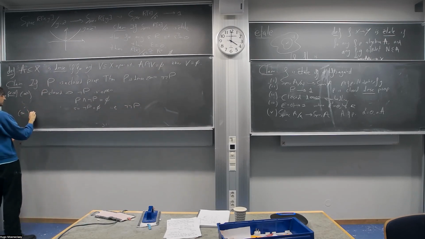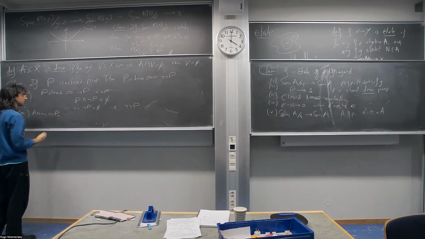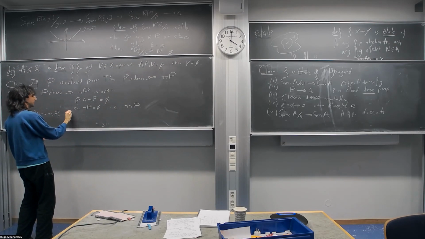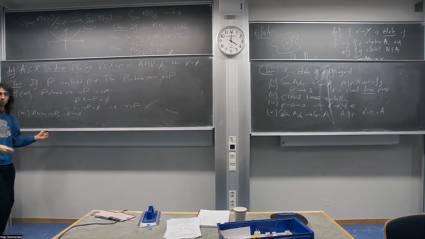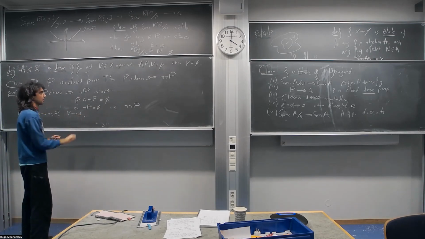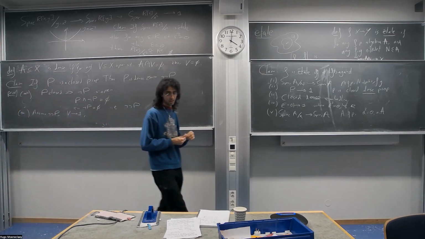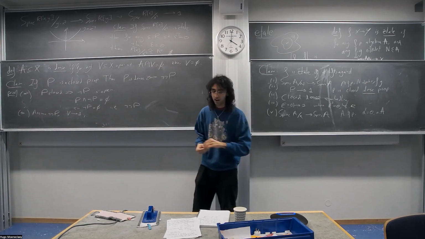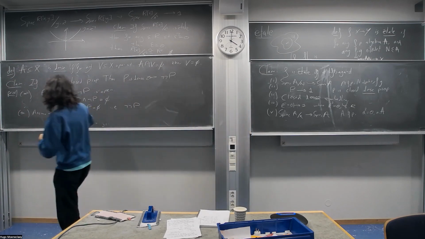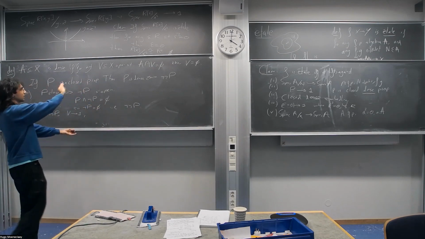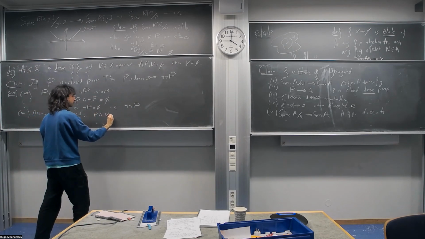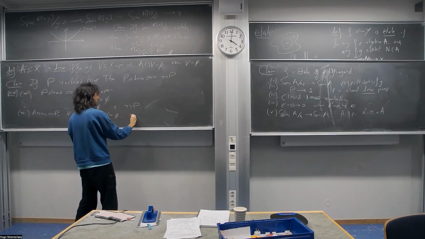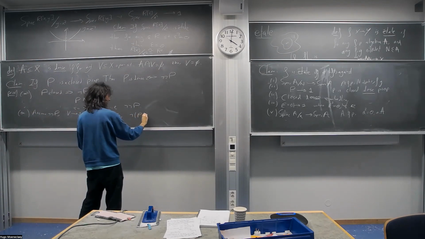And the other direction: let's presume that we have not P, and we want to show that P is dense. So assume not P. Okay, let's pick some open V, some open proposition. So we need to assume that the definition holds, so that P and V is empty, which is the same thing as saying not (P and V).